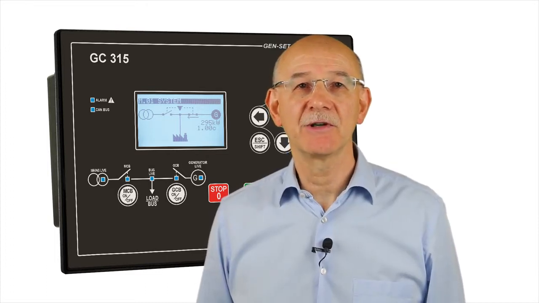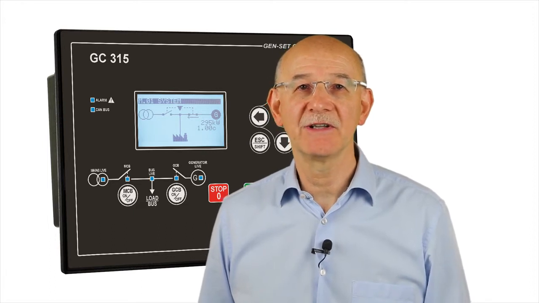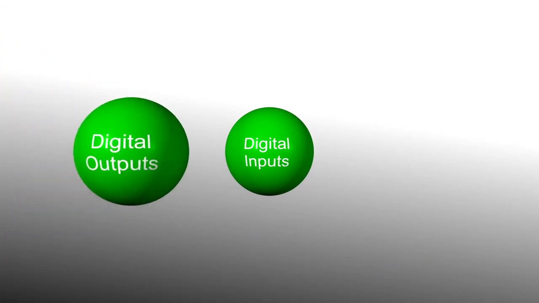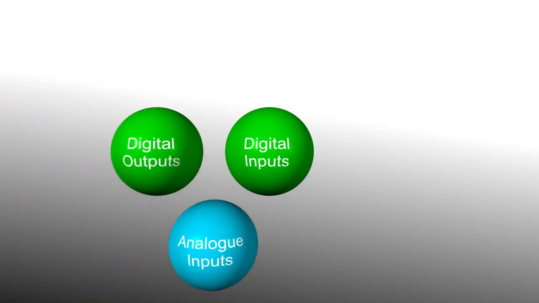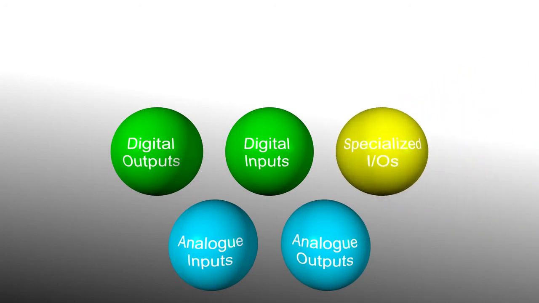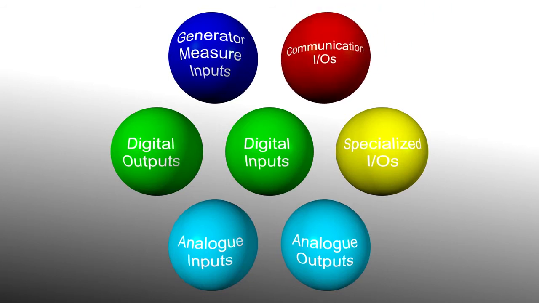Generally speaking, for a genset controller we can divide the available connections in 7 categories: digital inputs, digital outputs, analog inputs, analog outputs, specialized digital input-outputs, generator measures and communication interfaces.